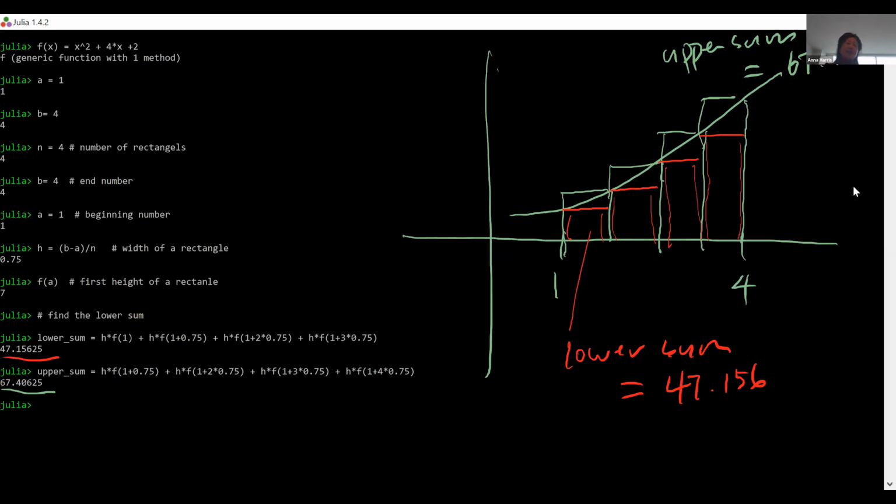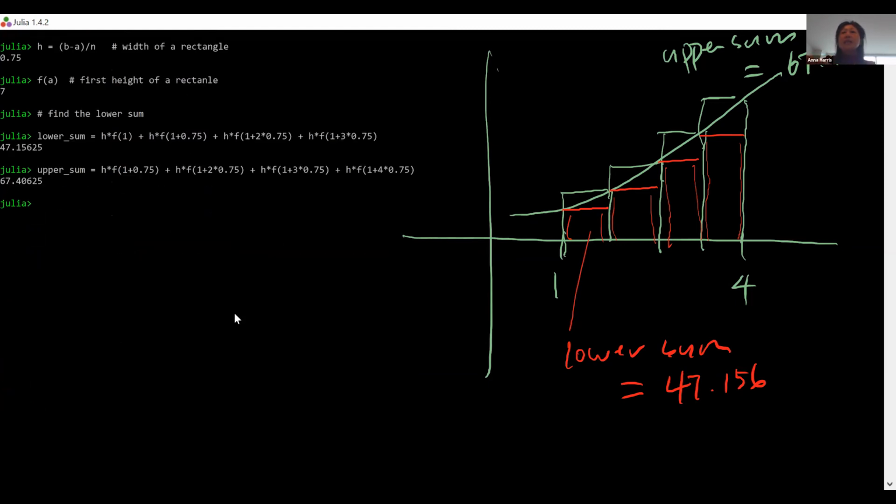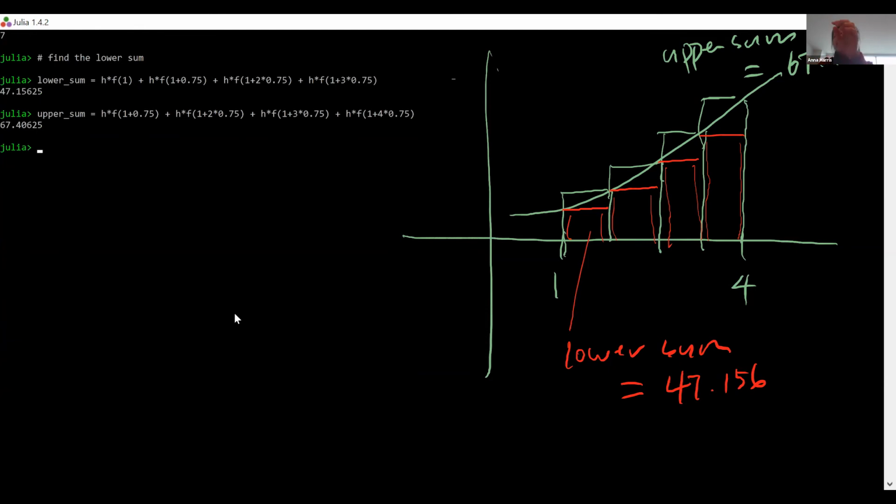Say if I changed, I want to change my n to be a different number. I'm going to use the same function, same graph, but say I want to change my A to be 2 and my B to be still 4.